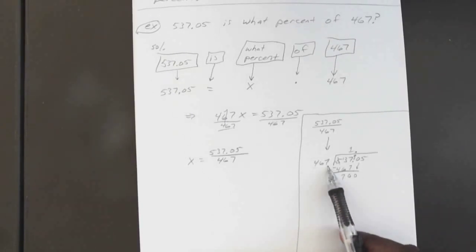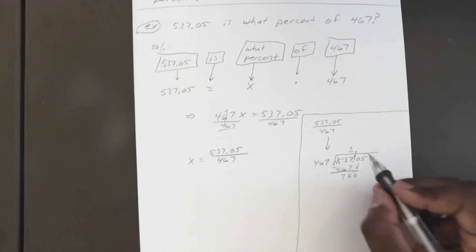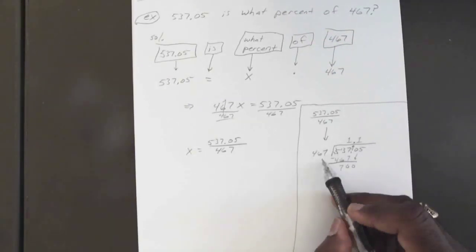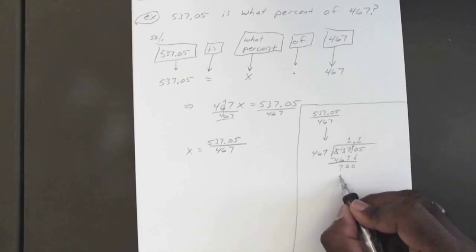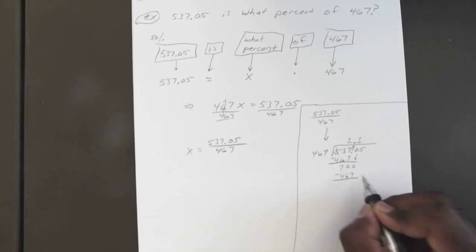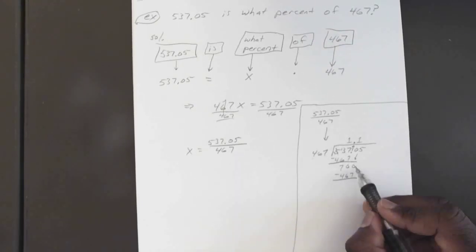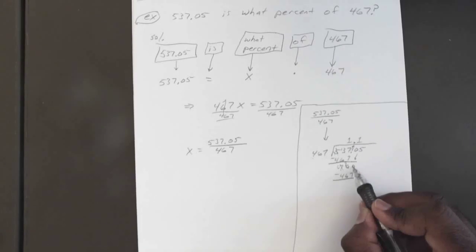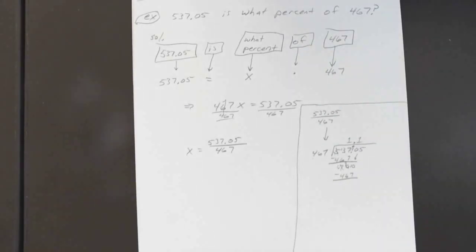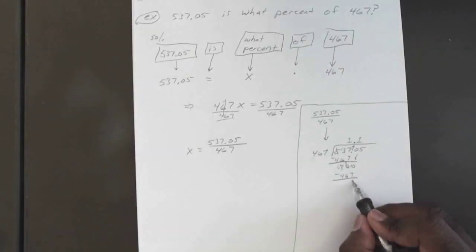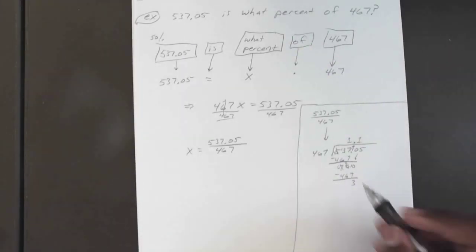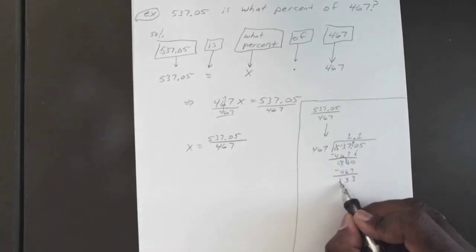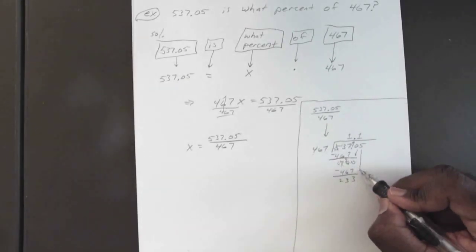Okay. So again, 467 goes into 700 once. Any more than that, it'll be over it. 467 times 1 is 467. Go ahead and subtract. We have to borrow, so that becomes 6. That 10 becomes 9. And that becomes 10. 10 minus 7 is 3. 9 minus 6 is 3. 6 minus 4 is 2.